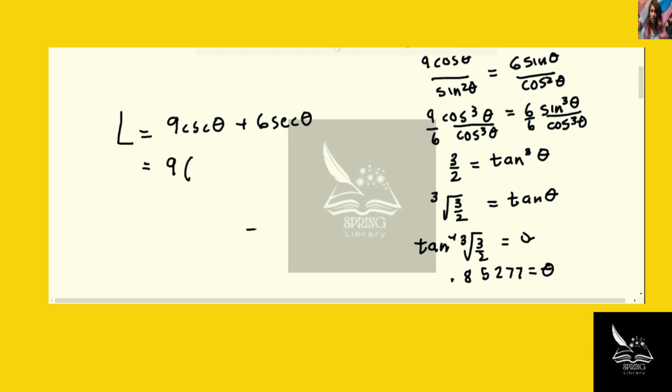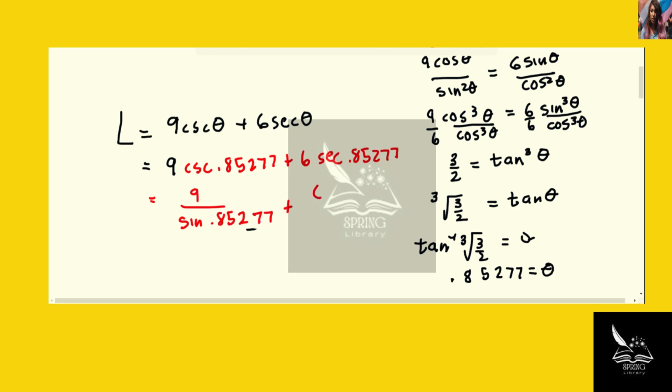Because the question is to find the length, I've got to do 9 times the cosecant of 0.85277 plus 6 times the secant of 0.85277, which is 9 divided by the sine, because I don't have a cosecant button, plus 6 divided by the cosine of 0.85277.